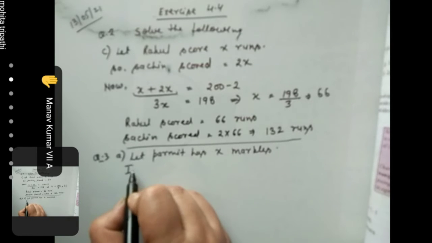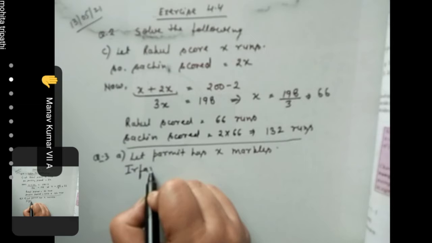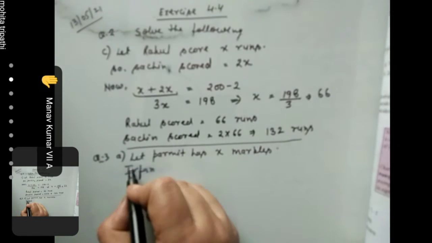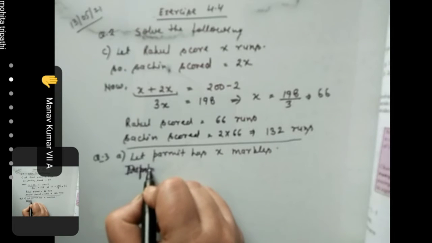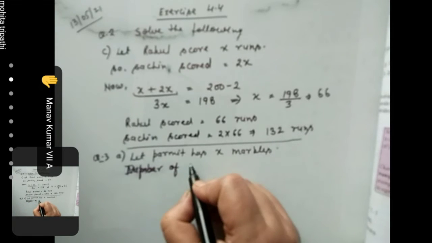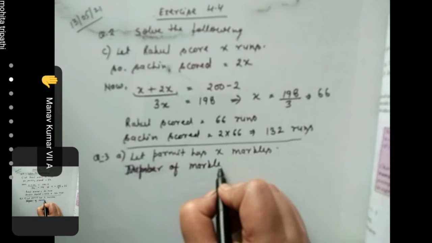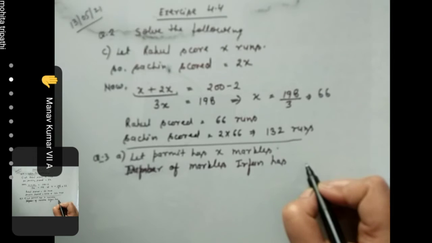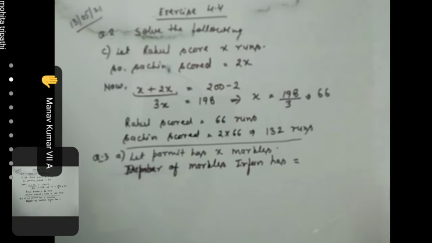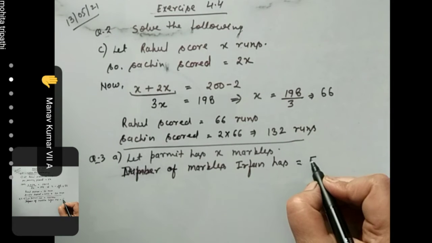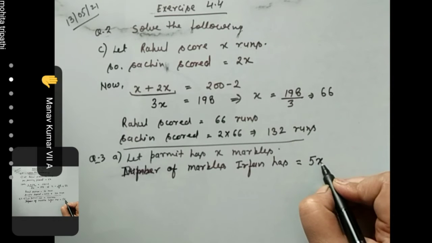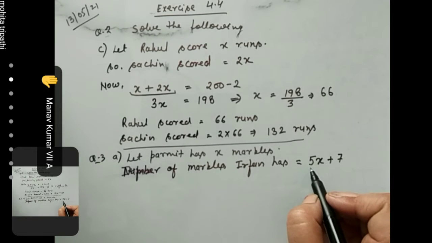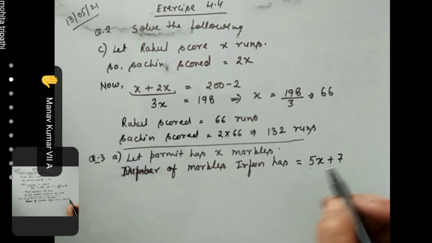Then the number of marbles Irfan has is equal to 5 times Parmeet's marbles plus 7. Okay, 5 times Parmeet's marbles plus 7.